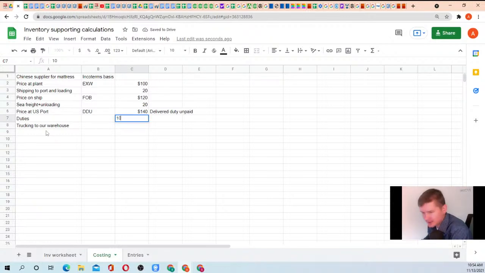Let's say we pay $10 in duties and $20 in trucking, and it's cost at warehouse. And that would usually be delivery duty paid.